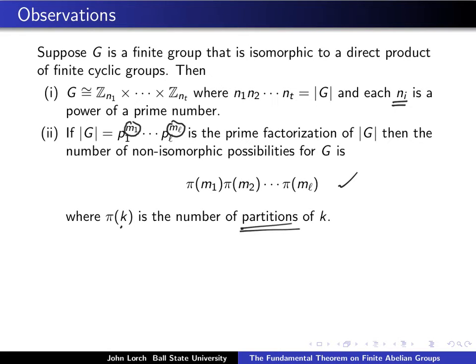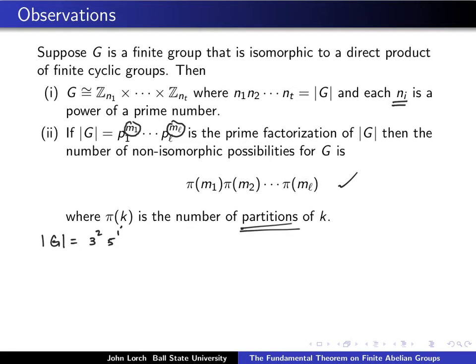So if we go back to the example on the previous slide, remember there G was of order 45, which we could write as 3 squared times 5 to the first.